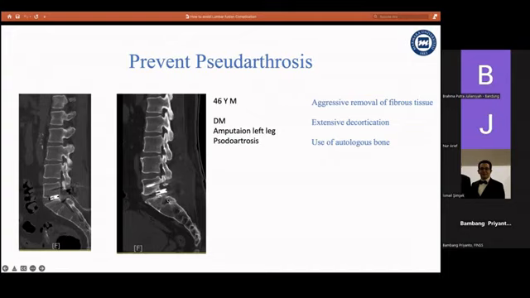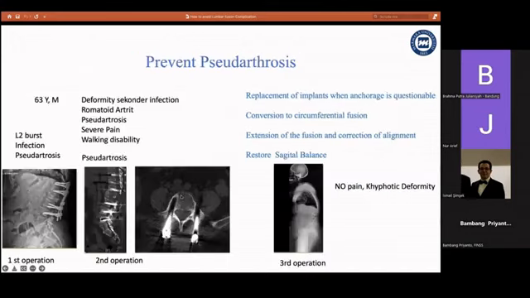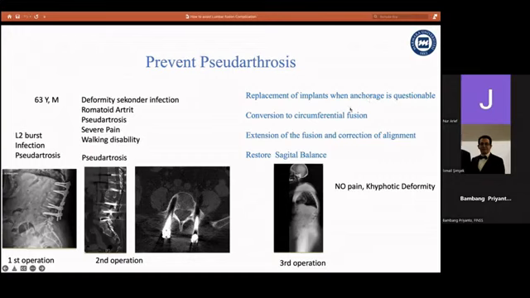This is very simple, very easy, but we need to be careful using these devices. Other ways to prevent pseudoarthrosis: replacement of implants when encouraged is questionable, conversion to circumferential fusion, extension of fusion, correction of alignment, and restoring sagittal balance.